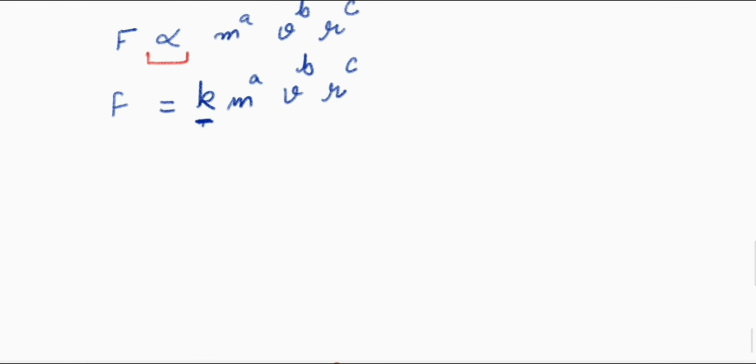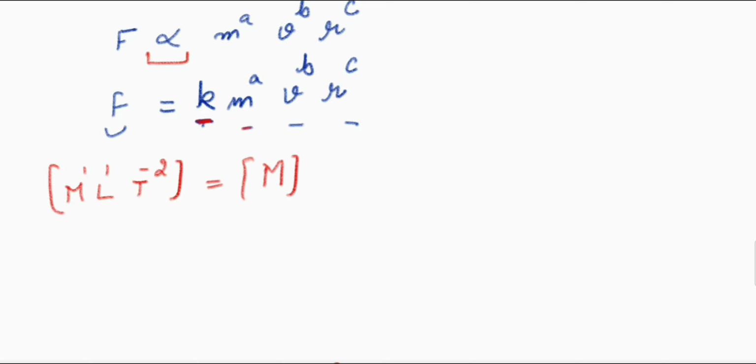Now we'll write the dimensions for force and for m, v and r. We know the dimensional formula for force is M raised to power 1, L raised to power 1 and T raised to power minus 2, which is equal to, for k we don't have any dimension, for mass the dimensional formula is M, raised to power a, for velocity the dimensional formula is L T minus 1 raised to power b, and for r the dimensional formula is length raised to power c.